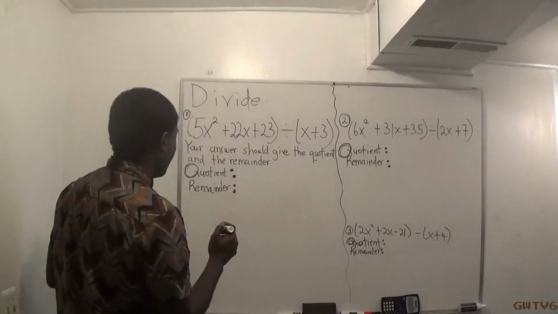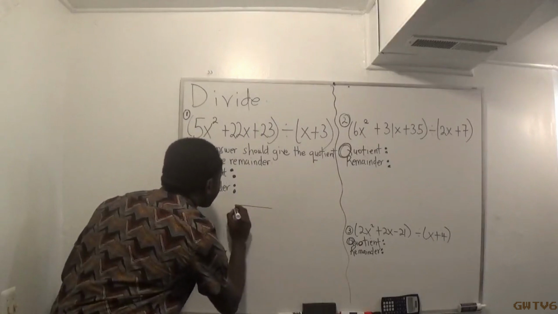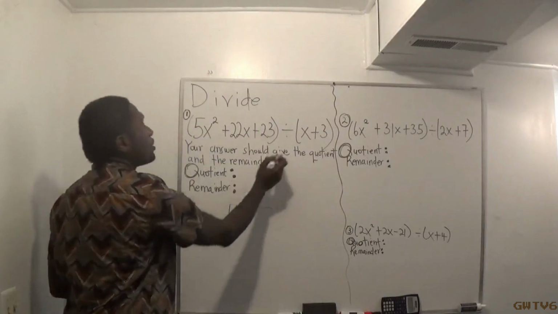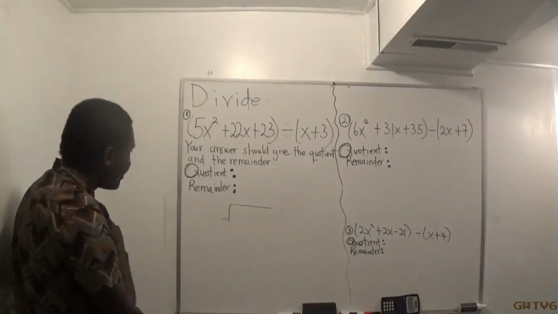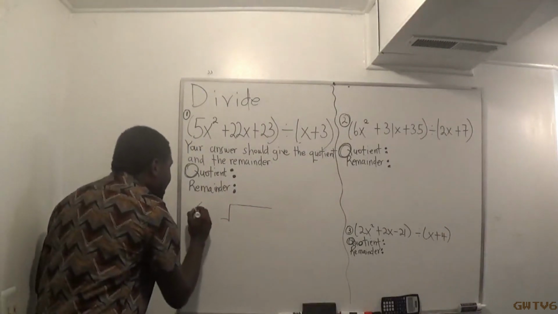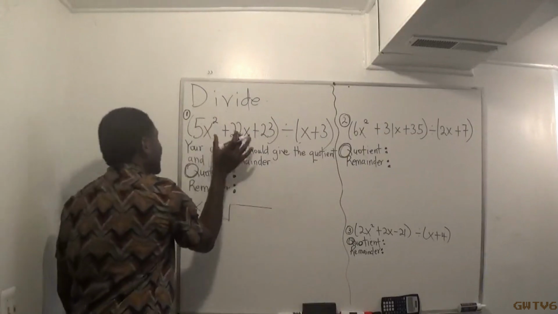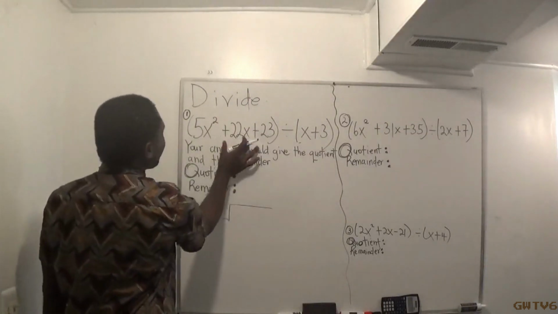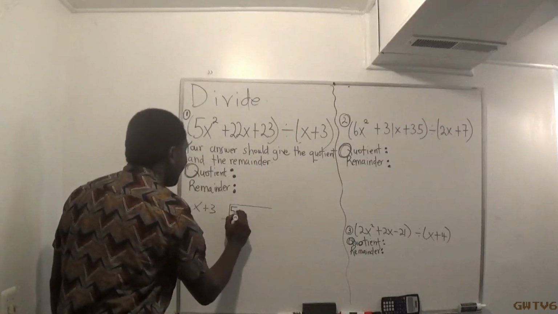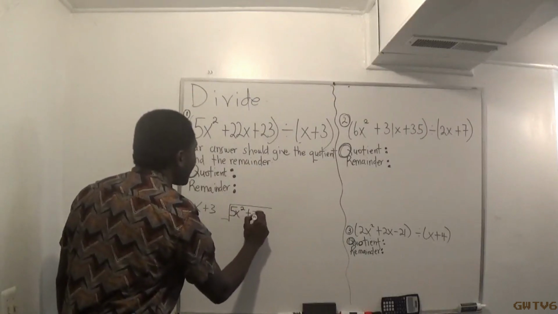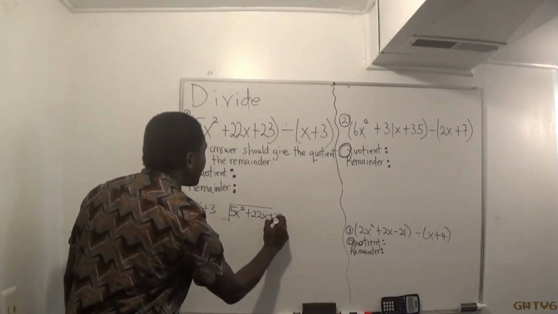The long division is going to be like that. Always the second one comes outside, so I'm going to have my x plus 3 outside. And the first one always comes inside, so I'm going to have my 5x squared plus 22x plus 23.